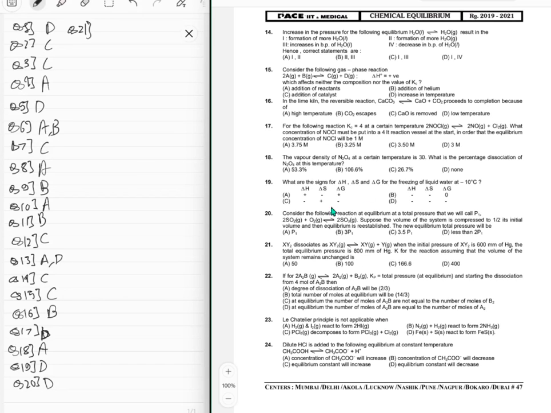XY2 became 600 into 2/3, which is 400. XY is 1/3 of 600, which is 200, and Y is also 200, so it adds up to 800 perfectly.